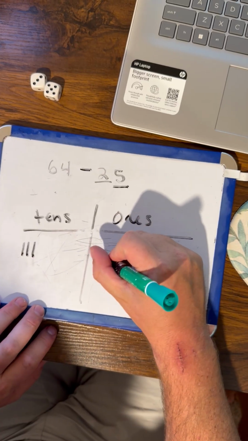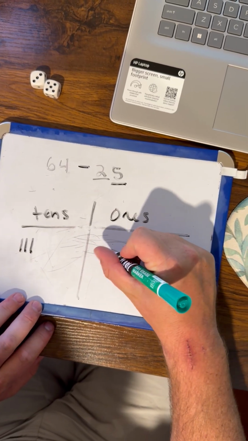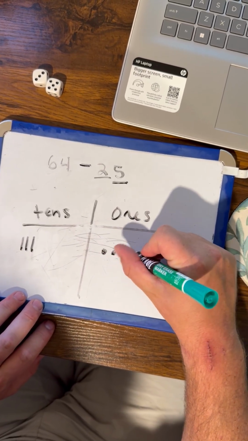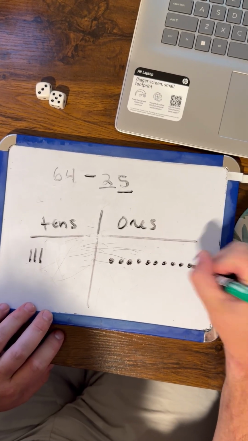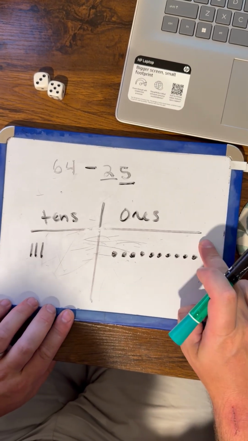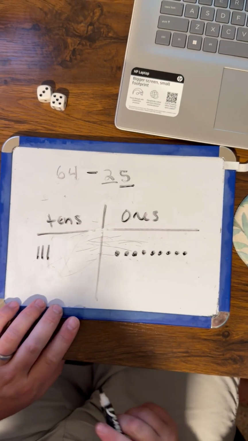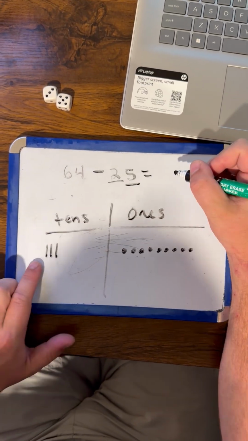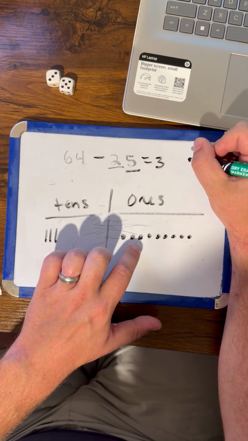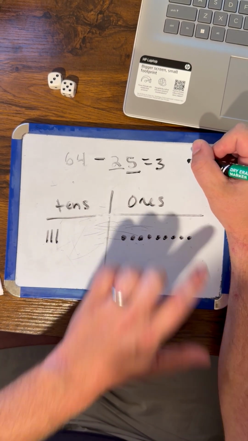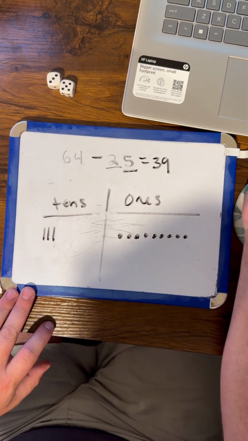We're going to turn it back into 10 dots. And then that 1 left over we have for 5, we're going to take it away. So that leaves us with 1, 2, 3, 4, 5, 6, 7, 8, 9. 39.